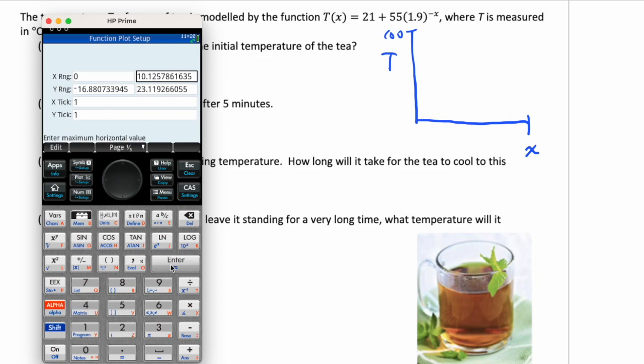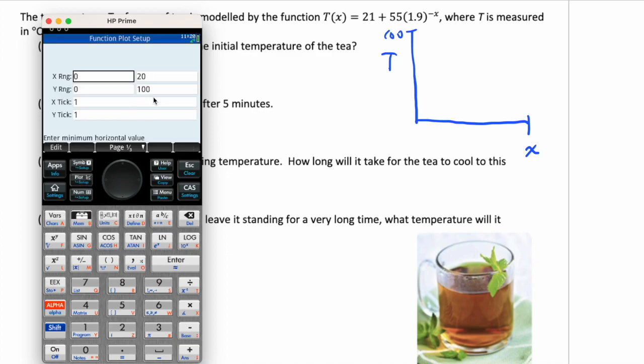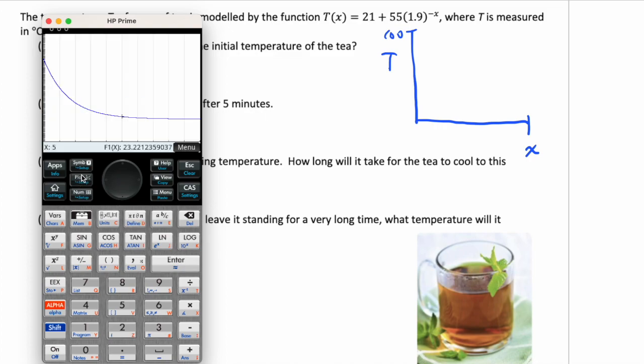So x is time. I don't know, maybe we need 20 minutes or something. And temperature definitely goes up to no more than 100. Let's see if we can see a nice graph. We can see a graph there. Maybe I didn't need to go so far on the x values. Maybe I can just do 10. And it might look a bit better, something like that.